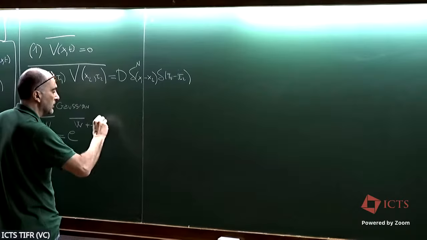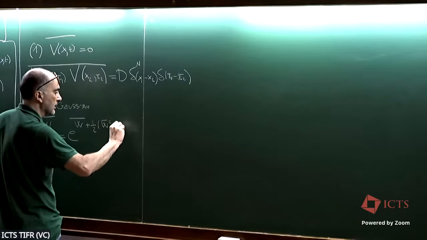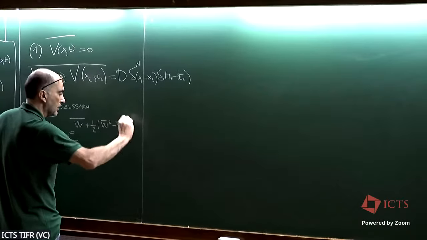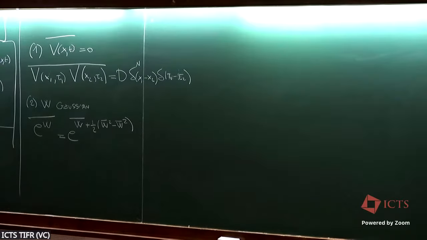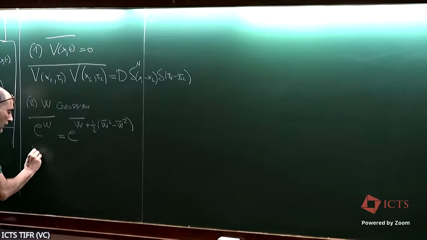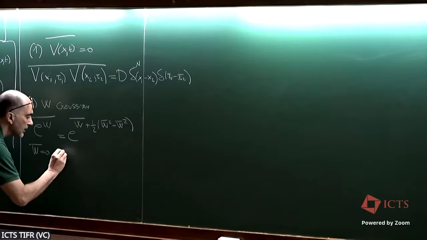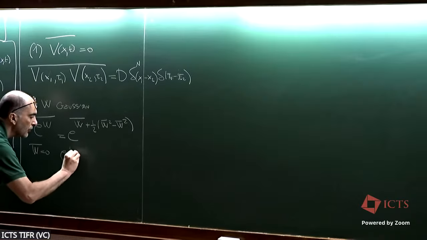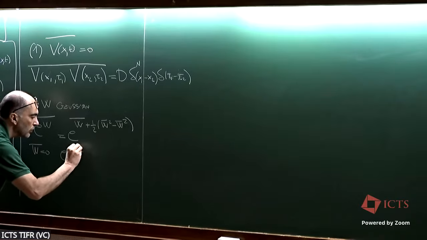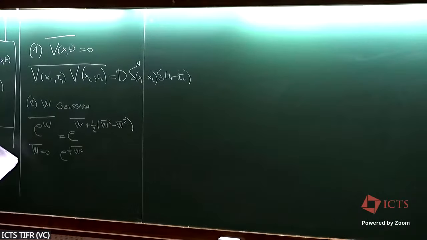And so it is something like this. Okay, so this is the formula we will use. And in our case, the average of W is equal to 0. So in our case, it's just exponential of 1/2 the average of W squared. Okay, for us, it will always be this formula.